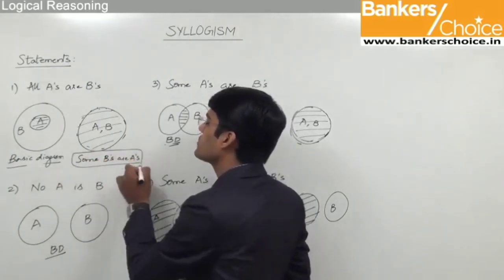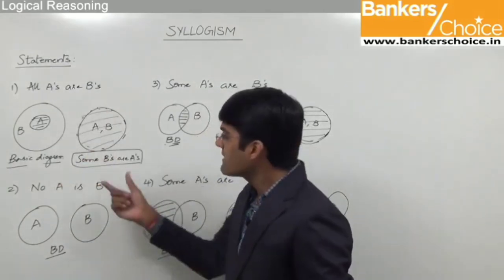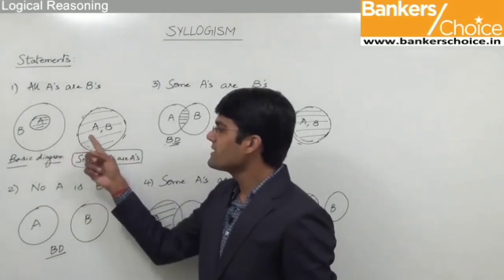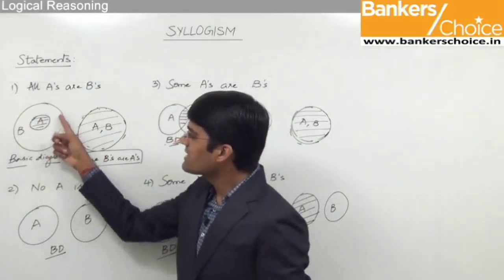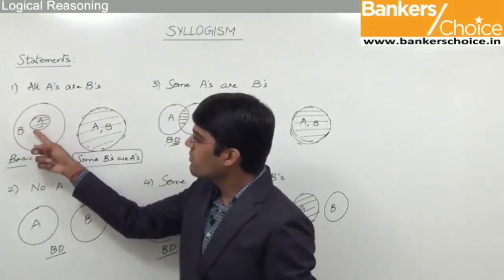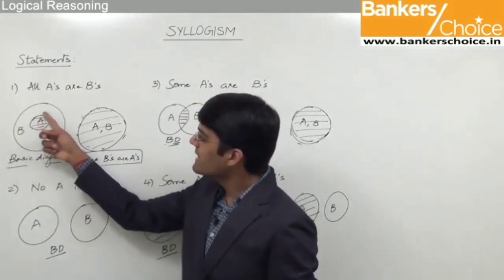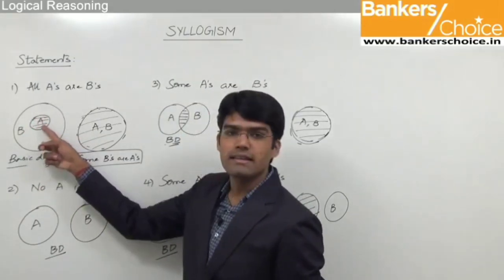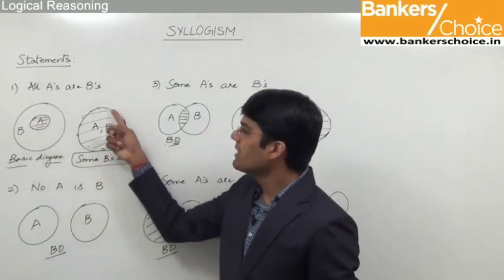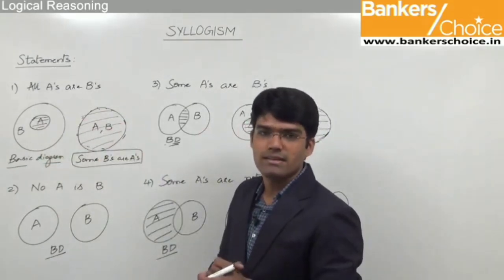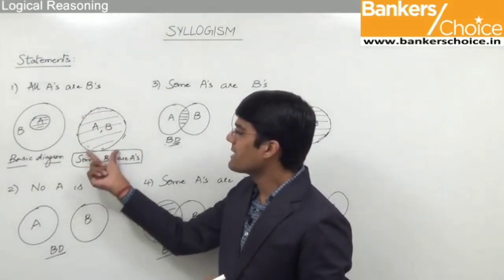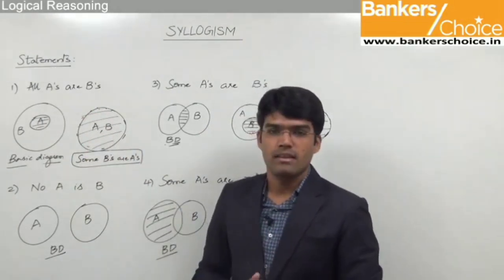So, this is the conclusion for the statement 1, as this conclusion satisfies both the diagrams. If we observe the diagram 1, here we find that the larger circle is B, in which the smaller one is A. So we can say that some of the B's are A's. And even in the second diagram, you see that all the B's are A's. And we know that all is nothing but some. So here we can say that some B's are A's.